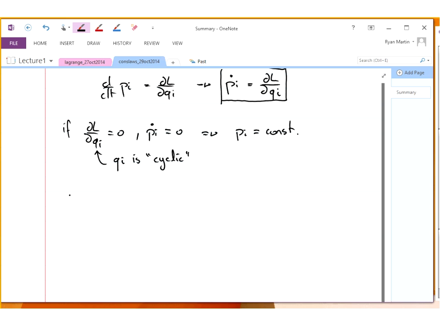So after that, we looked at the Routhian, and we found that we can introduce this quantity R, which we call the Routhian, given by L minus the sum over i of beta i Qi dot, where the beta i equals the generalized momentum of the cyclic coordinates.